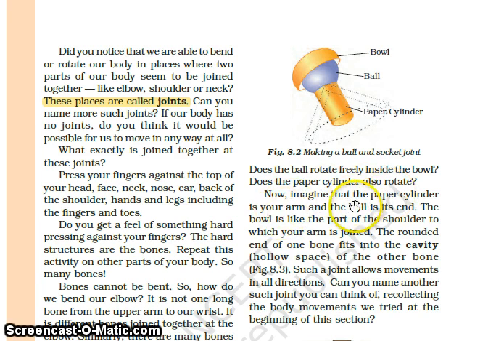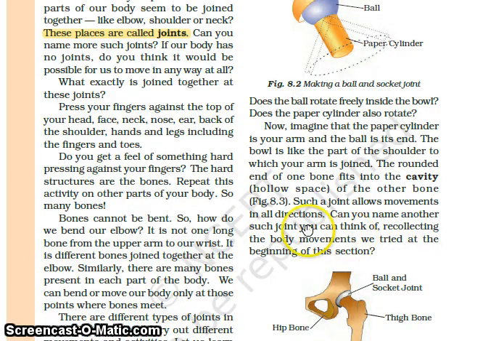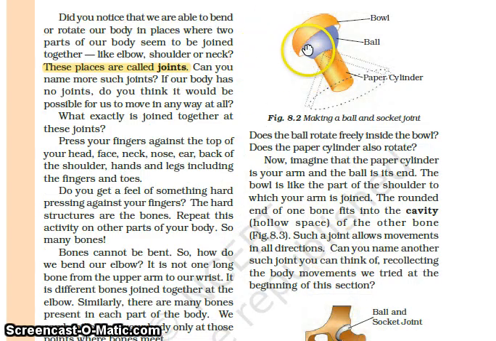Now imagine the paper cylinder is your arm and the ball is its end. The bowl is like the part of the shoulder to which your arm is joined. The round end of one bone fits into the cavity of the other bone. So what happens in the case of a ball and socket joint? It is like this.